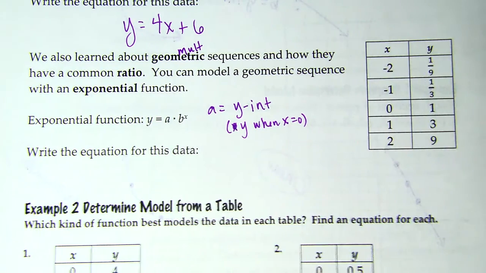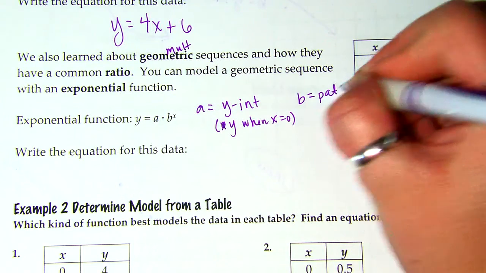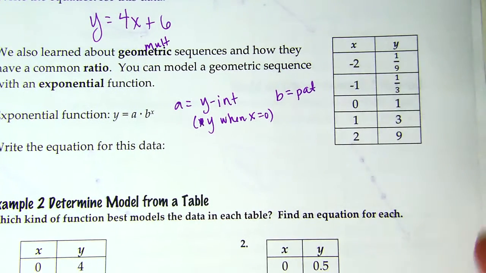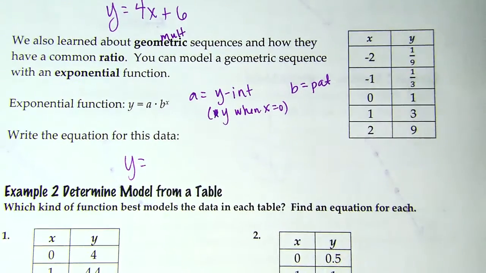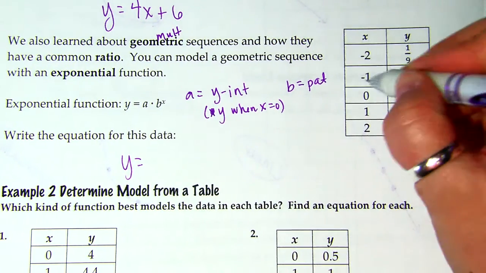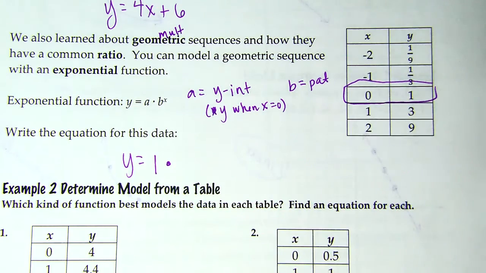And then the B is the pattern, so the number being multiplied. So it's y equals, the A is 1, because that's what y is when x is 0, times, then we need to figure out what's being multiplied.